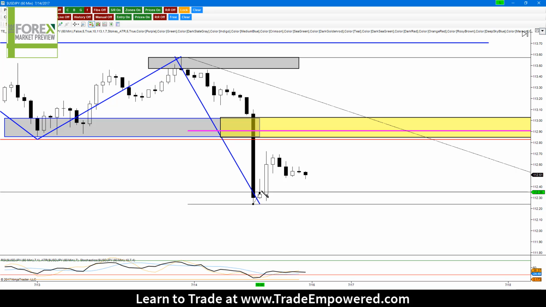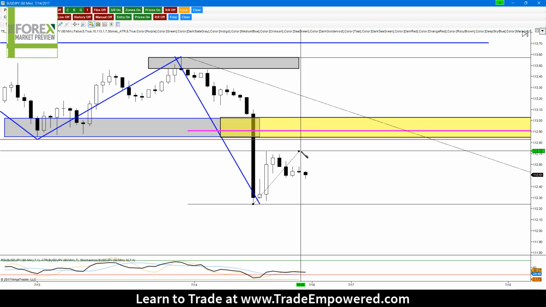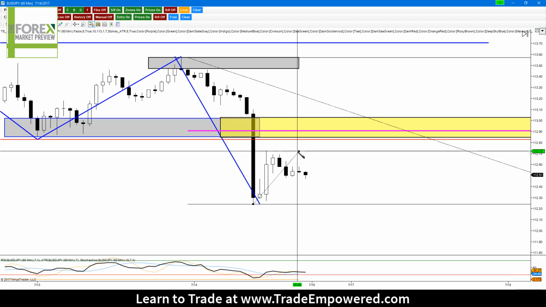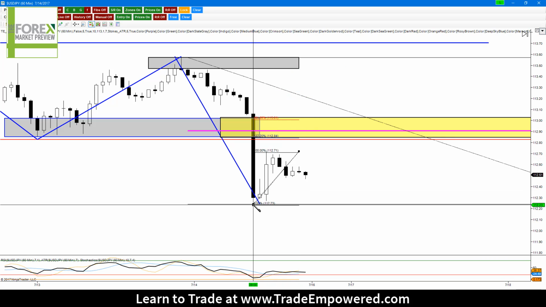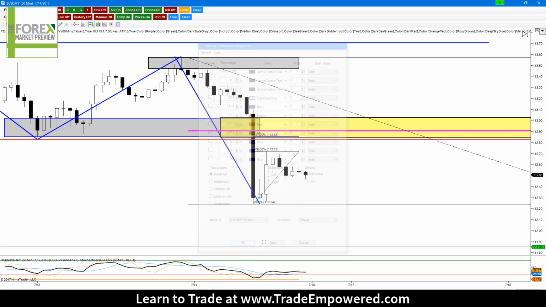So from my new structure low right here to the little retracement we had this past Friday, I believe it was. Yep. And back down. And you can see that is going to give me a 127 Fibonacci extension right in that zone as well.